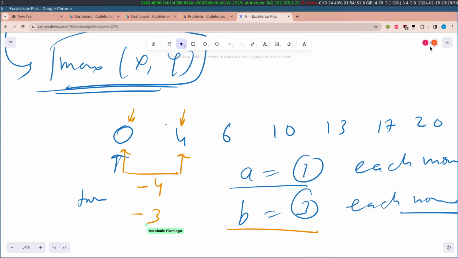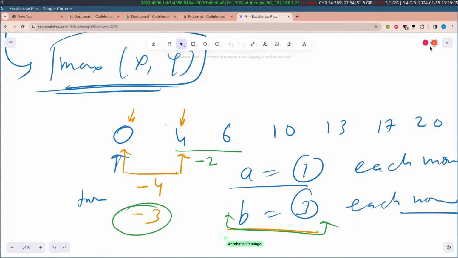So in this case, it's better to turn the phone off and on. Similarly, if we see 4 and 6, if we don't do anything, within 2 seconds the charge will drop by 2, but if we turn it off and on, our charge will drop by 3, and we should take the minimum of this, so dropping by 2 is better.